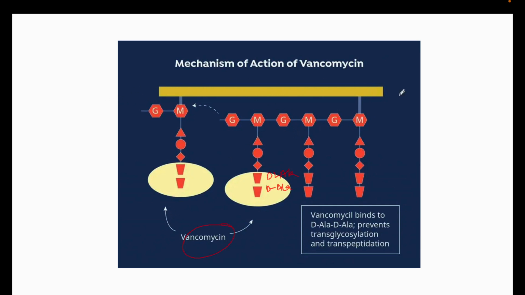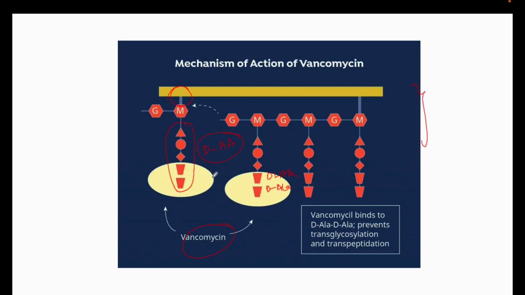This is the gram positive bacterial cell wall. So we have glycosylation and peptidyl transferase activity here, on these sugar residues, where at least 5 to 6 different D amino acids are attached.